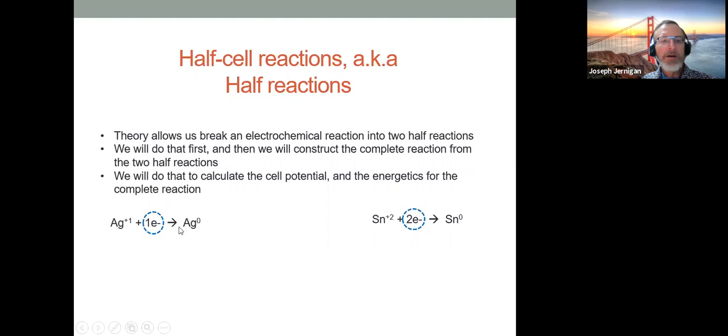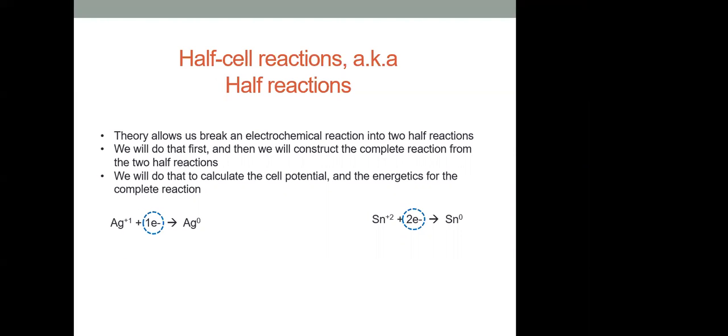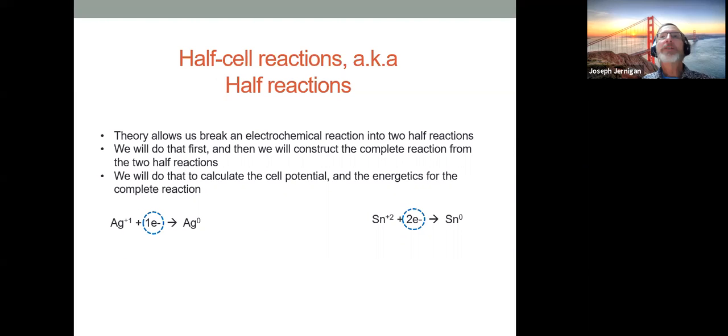We're going to talk about the one on the left, which is silver, okay? And the one on the right is tin. All right, so let me ask you guys, somebody give me an answer here. On the left, what is being reduced? The Ag. Ag+ is being reduced.